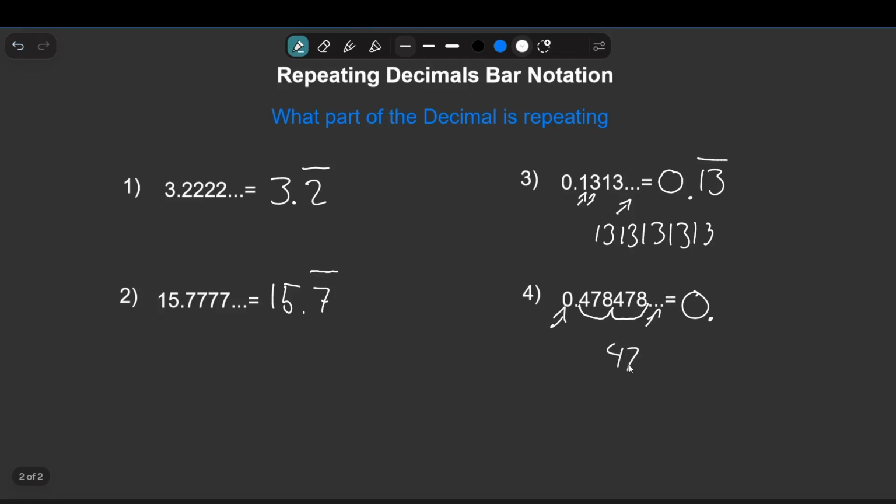So it will keep saying 4, 7, 8, 4, 7, 8. So now what we can do, we can look closely and we see that 4, 7, 8 keep repeating. So for this one, we write down the 3 numbers, 4, 7, 8, and of course, put the bar on top.